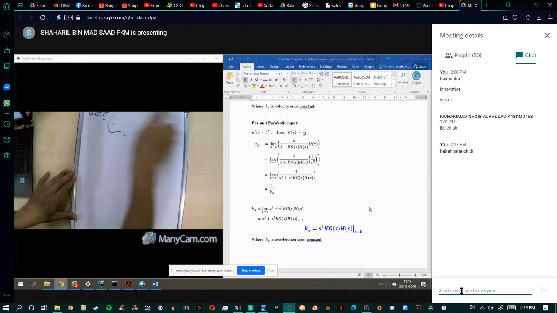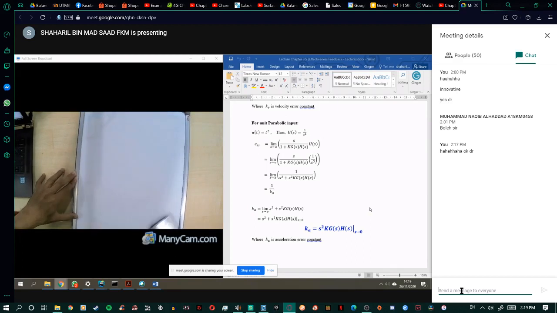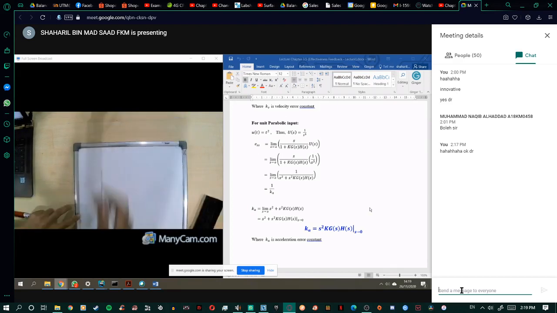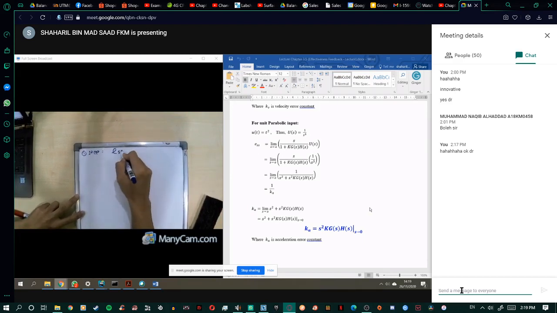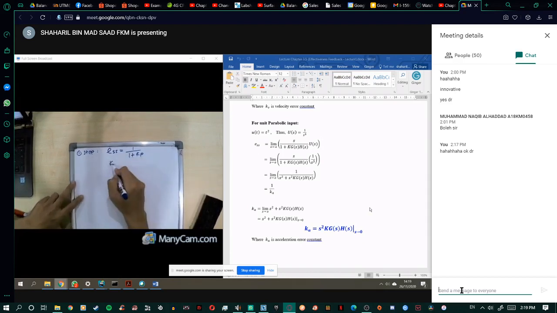Let me simplify it again. For the step input, ess equal to 1 over 1 plus Kp, where Kp is equal to the limit of KGH as s goes to 0.